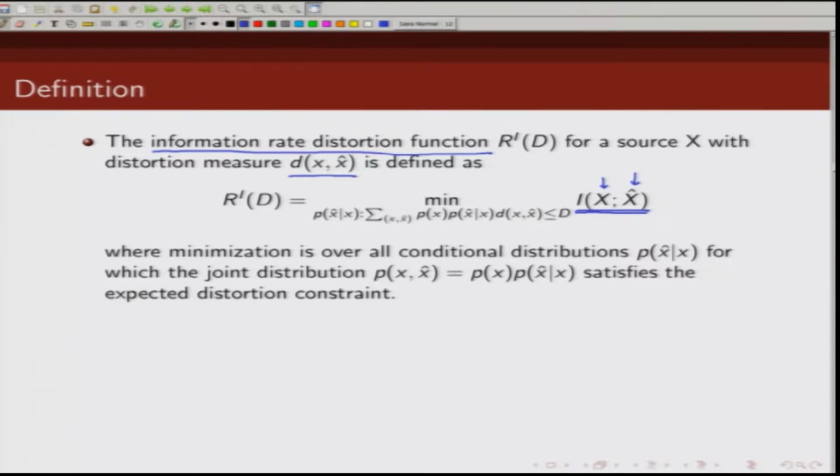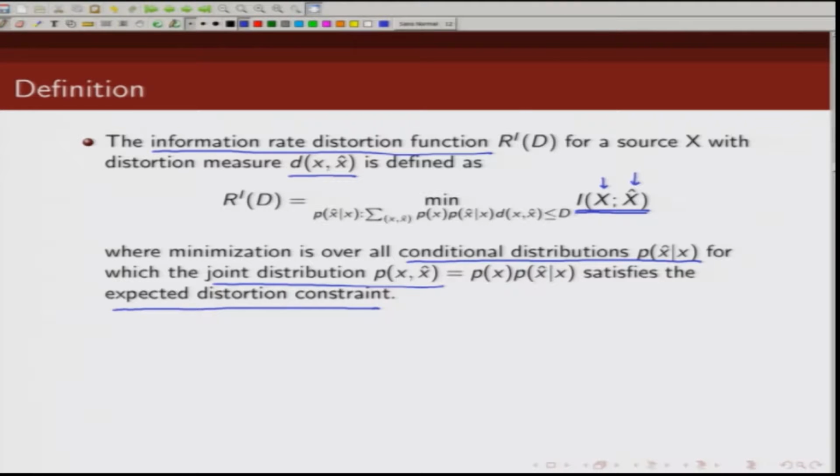So this is the source and this is the reproduced source. So, the mutual information between X and X hat, minimum of that, and the minimization is taken over all conditional distributions p of x hat given x, for which the joint distribution p of x, x hat satisfies the expected distortion constraint.